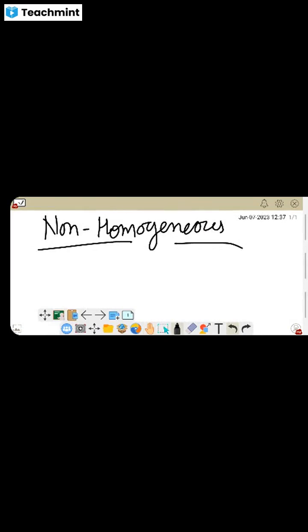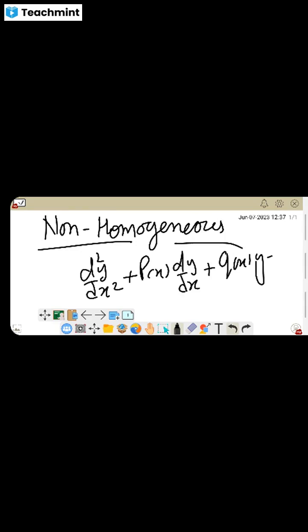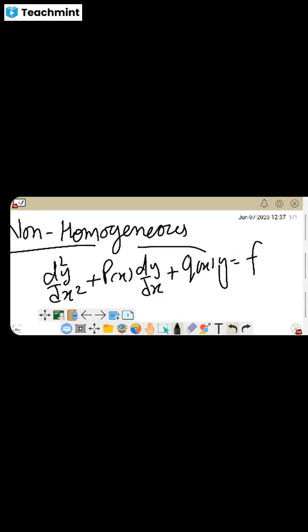So here we have the equation in this form: plus p(x) into dy over dx plus q(x) into y is equal to f(x), because in non-homogeneous we have here f(x).